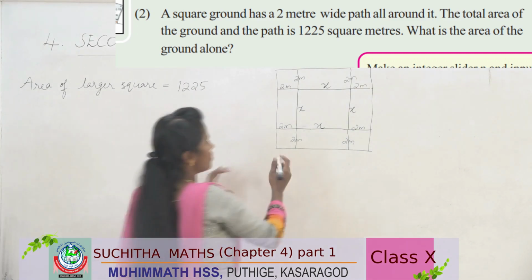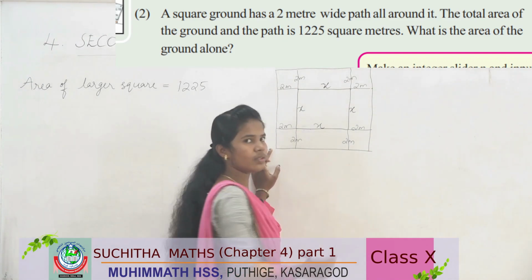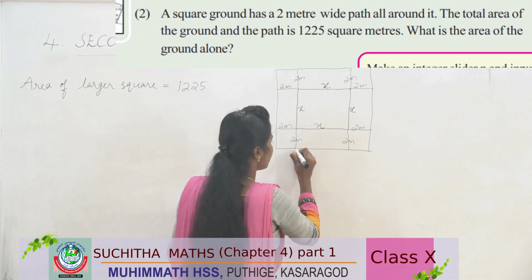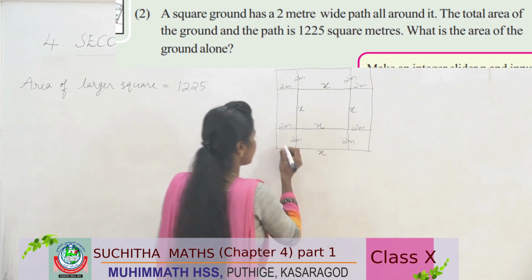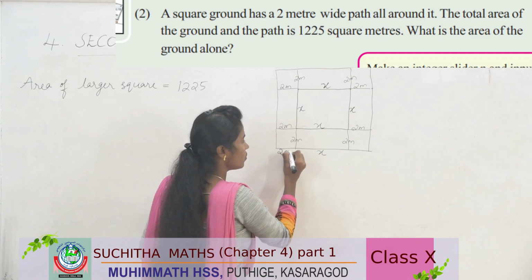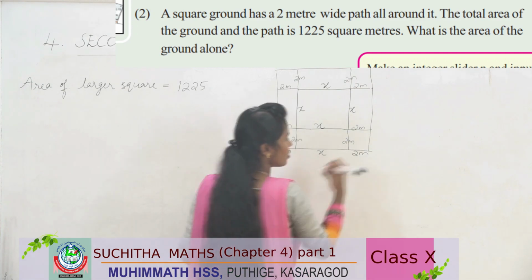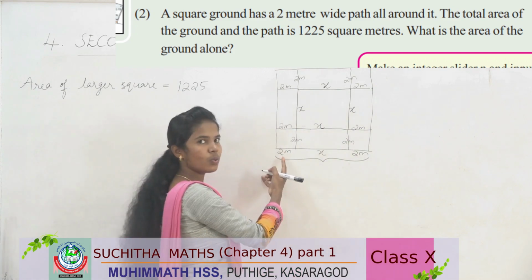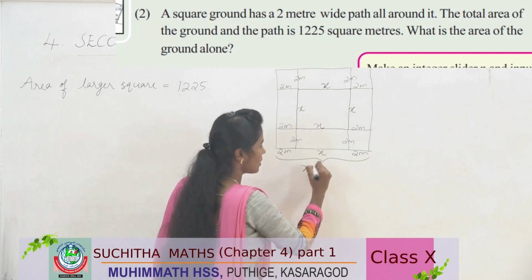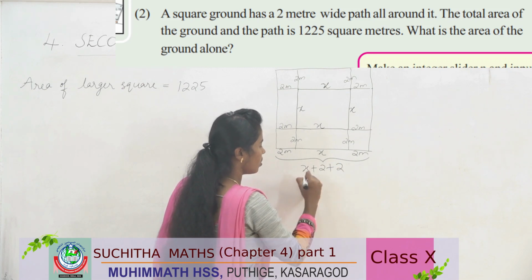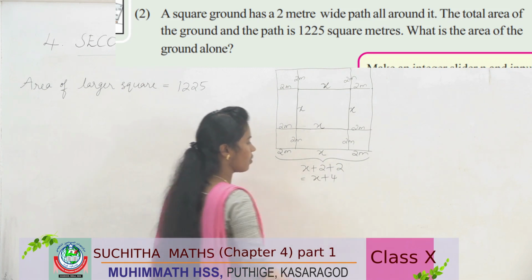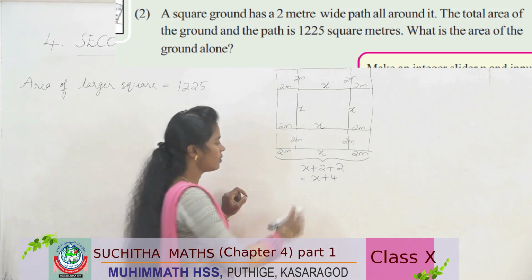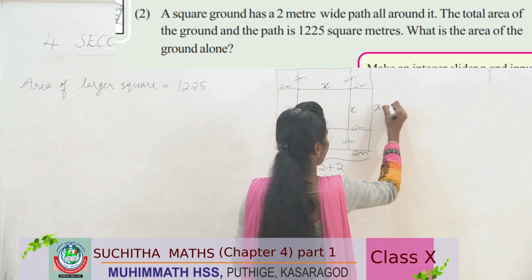So here we have to find the length of the larger square. This length is x, and it has 2 here and also 2 here. So the total length is x plus 2 plus 2, equal to x plus 4. So one side of the larger square is x plus 4.